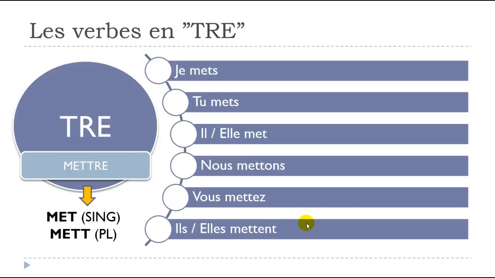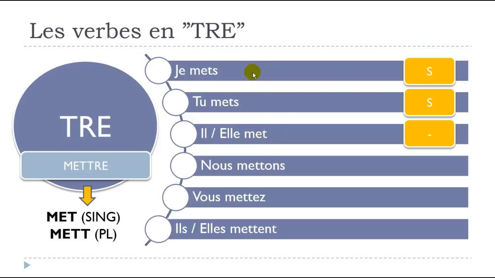And this is basically the difficult thing with this group of verbs. Just remember that for the singular form you use this stem here, and for the plural you use another stem. Then the endings will be S for je, so you get je mets, S for tu, tu mets, nothing for il, elle, so that's the reason why we have this met.